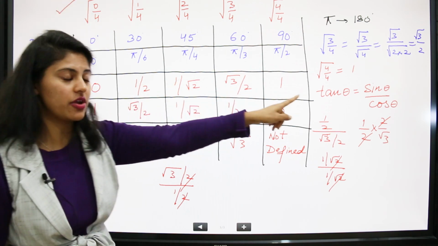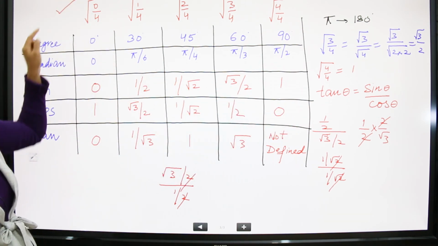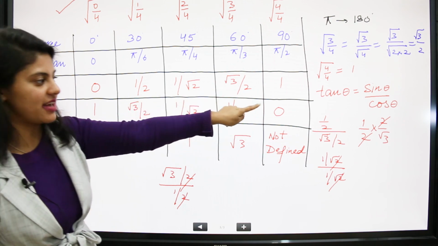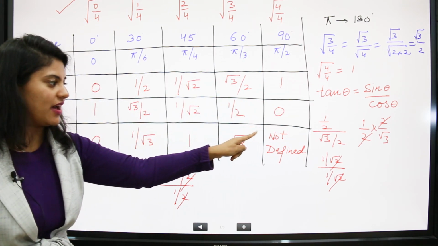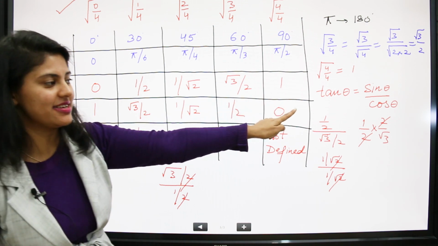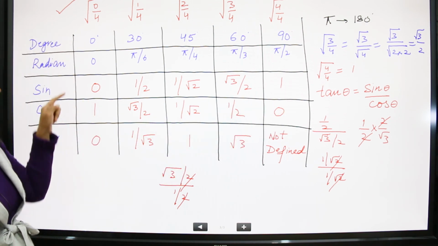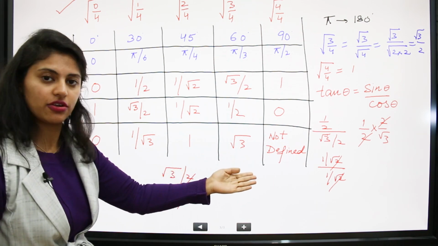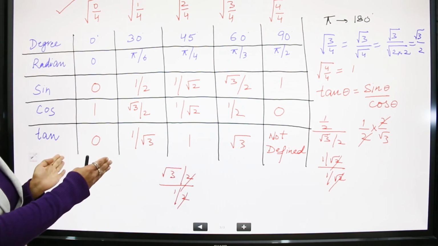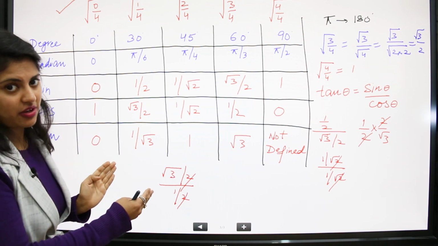How square and square root get cancelled, just learn that. And after that you can easily write the sine values, flip all the values for the cos. So you can write the cos values, and after that you know the rule that tan theta is equal to sine divided by cos. Do the same with the values and you can find all the tan values. So in this way it's very easy to do such kind of tables.